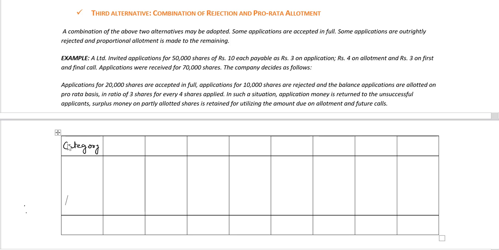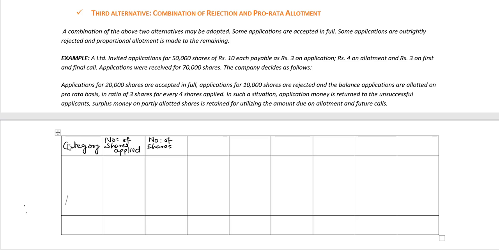First column, category. Second column, number of shares applied. Third, number of shares allotted.